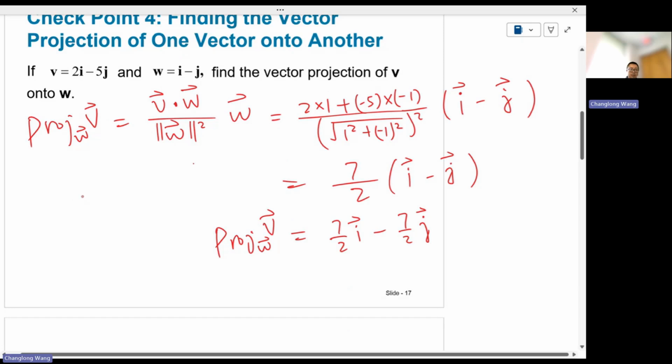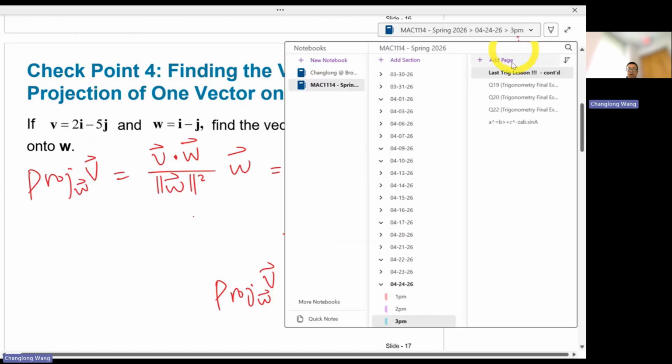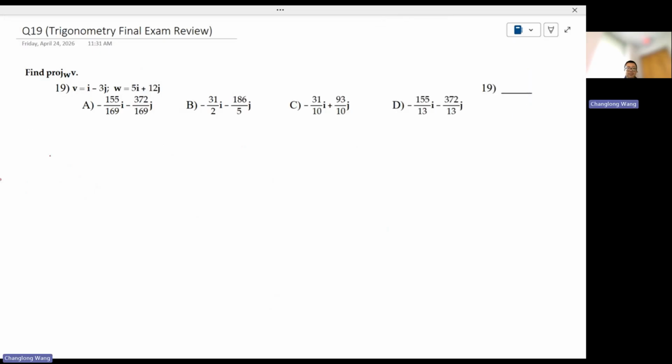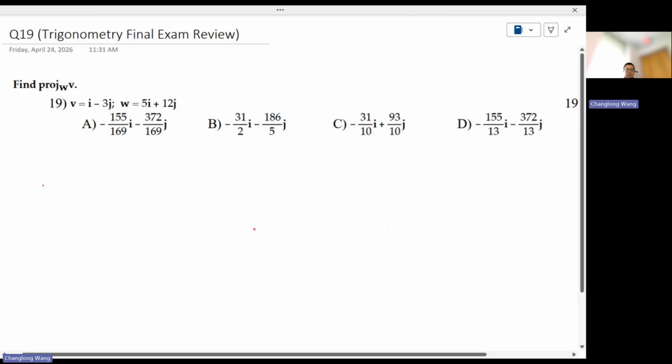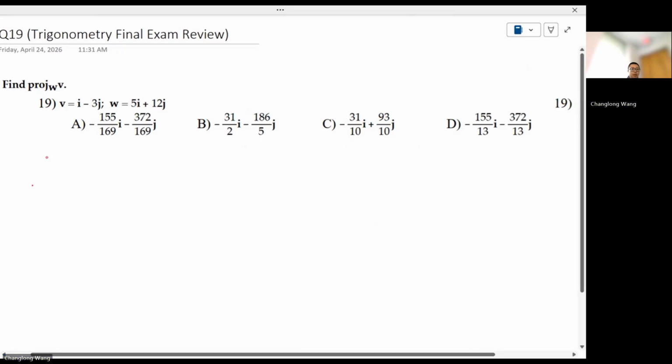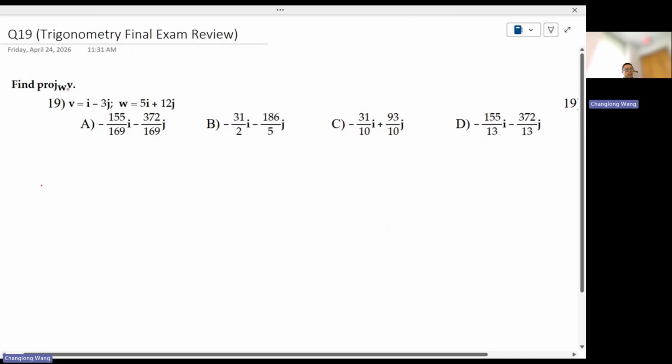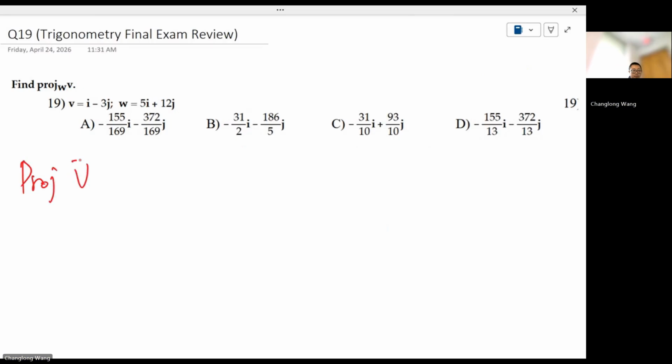Let's do it one more time. And also, let's take a look at maybe some subtlety in case we run into issues like that. Now, projection of V onto the W, right, it is the V dot the W divided by the W magnitude squared, and you put the W on the side.